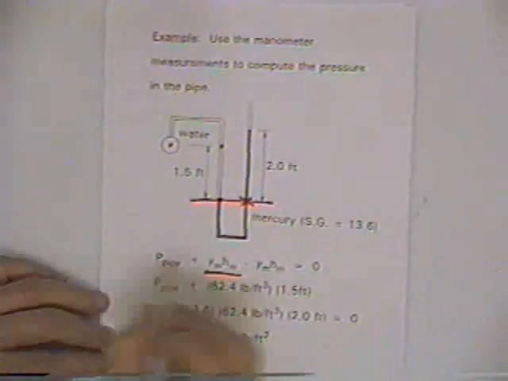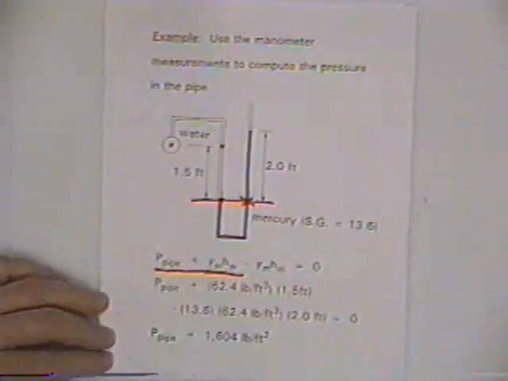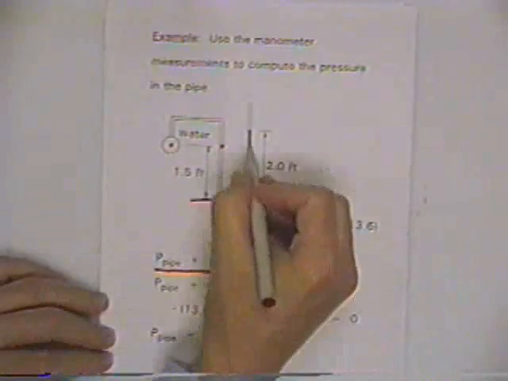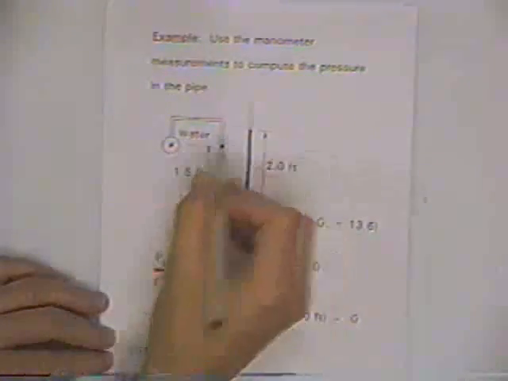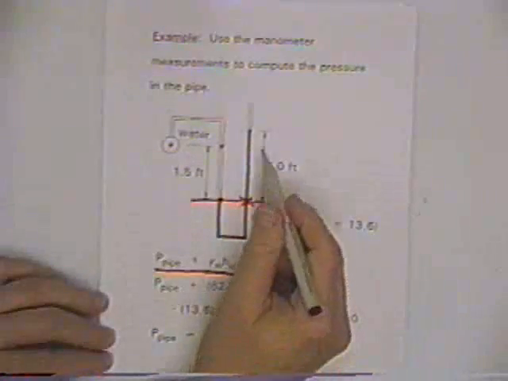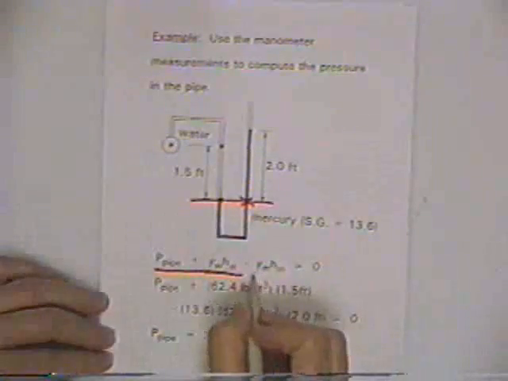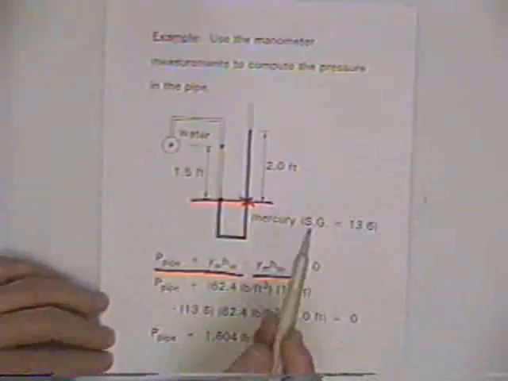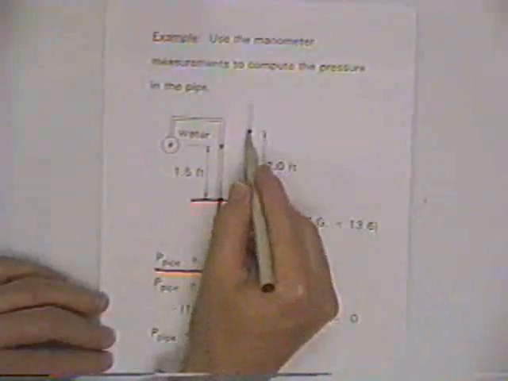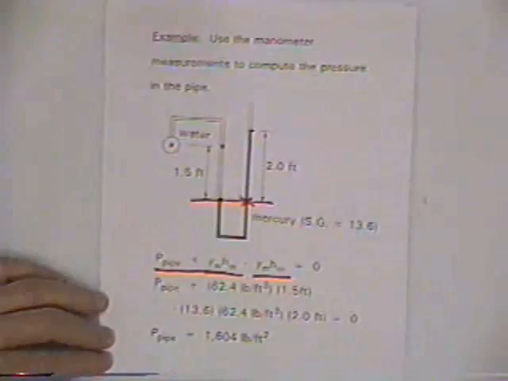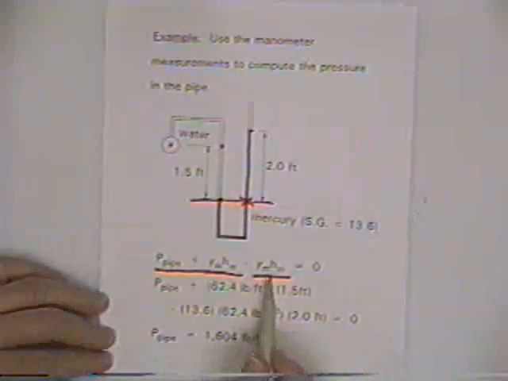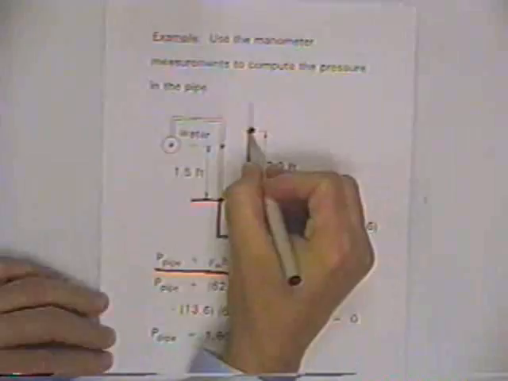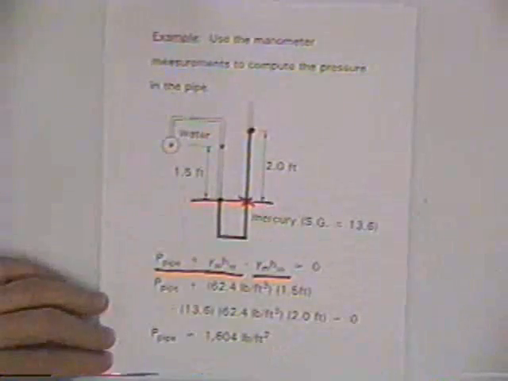Except now we go up to here, and if we rise, we're taking some pressure off because we've got this 2-foot column of mercury, so we need to subtract that off. Whatever the liquid might have been, it happens to be mercury, its unit weight times the vertical column of the liquid there, and that gives us the pressure there. We're going to use gauge pressure, so that's atmospheric pressure, so it's 0. So we write it as 0.